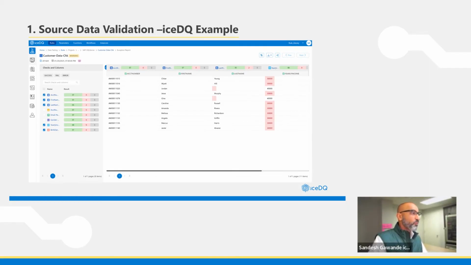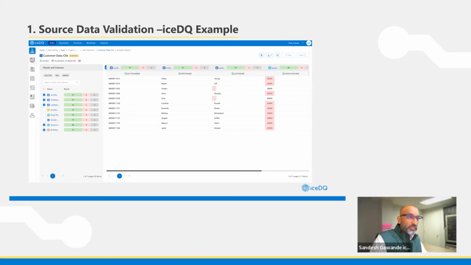And then when you run the rule, for example, you see in this example here, account number, everything looks good. Out of 97 records, all of them are good. There is no failure. First name is good. But if you look at last name, out of 97 records, 95 are good, 2 are bad. Why are 2 bad?